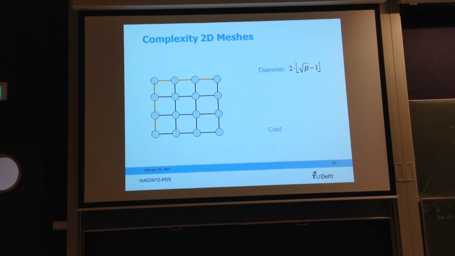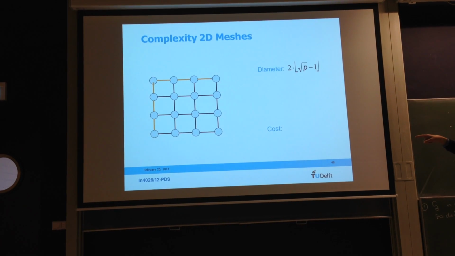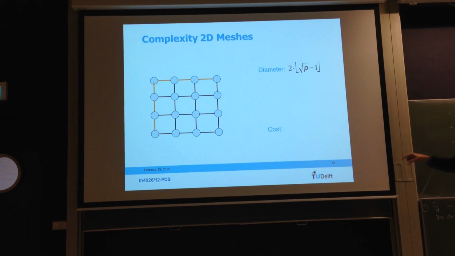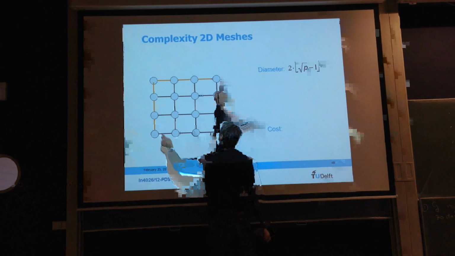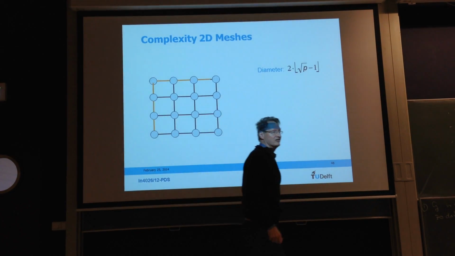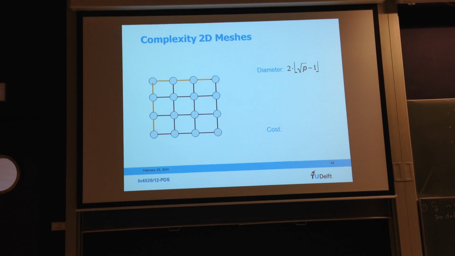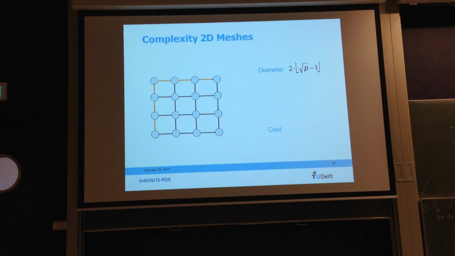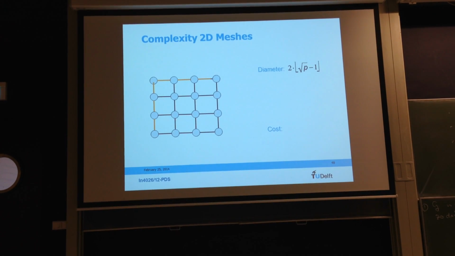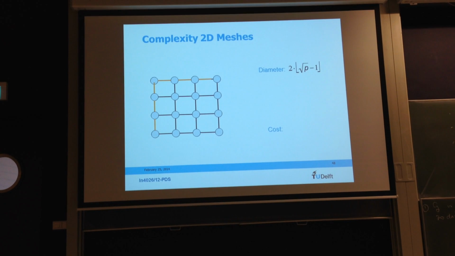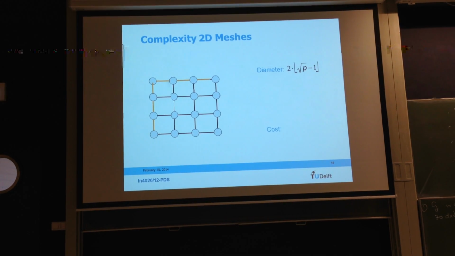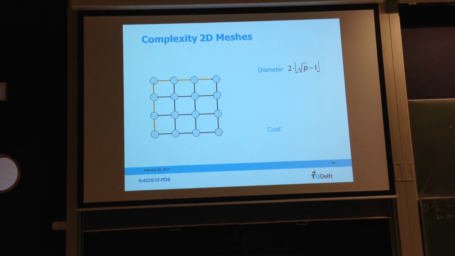Because remember that the size is the square root of P processors, right? And you can, the max, you can go either this way or you can go that way. Basically, it's the same distance, right? So, I mean, that can confuse your answer if you think the various paths a route can take are different, right?